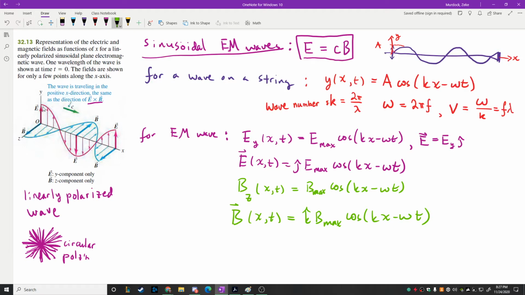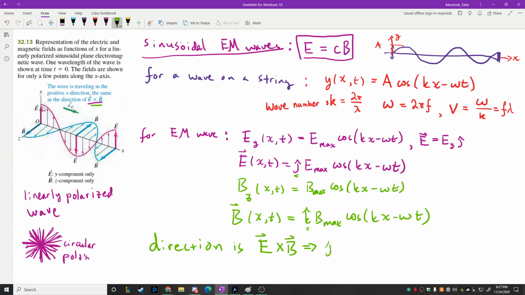So that would be an example of what the magnetic field and the electric field would look like as they oscillate in time. And according to what we said earlier, the direction that the wave propagates is given by E cross B. So in our case, E is j hat and B is k hat.